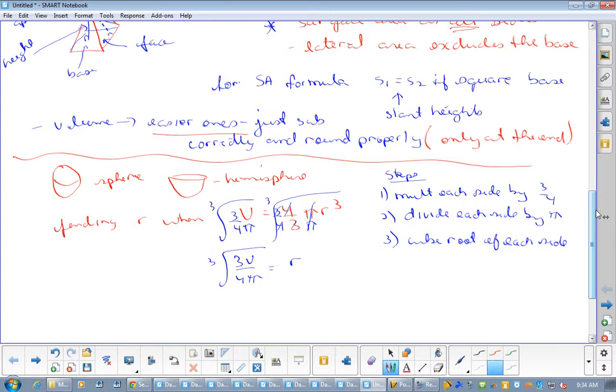Now there's one important thing that we talked about when you put it in your calculator: add brackets. And I'm going to go like this, and like this, and I'm going to put an arrow.